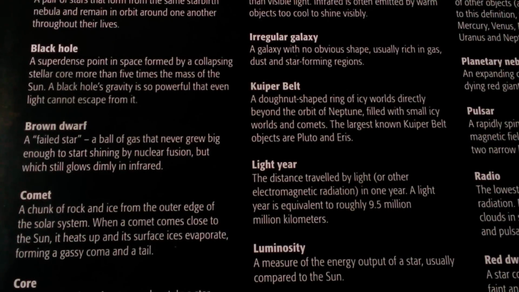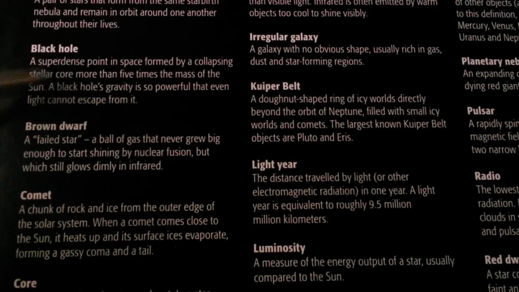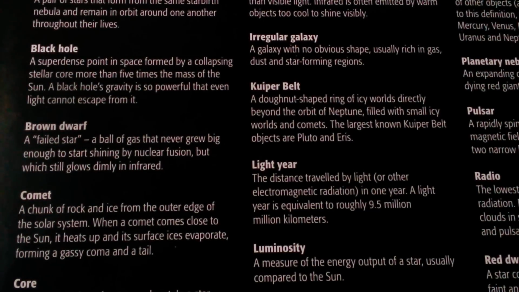So first off, let's take the definition of a black hole here, and we'll simplify it too. A black hole is a superdense point in space formed by a collapsing stellar core more than 5 times the mass of the sun. A black hole's gravity is so powerful that even light cannot escape from it. So let's simplify this.